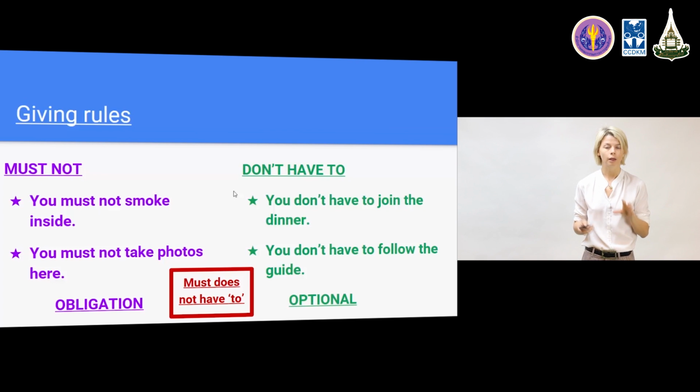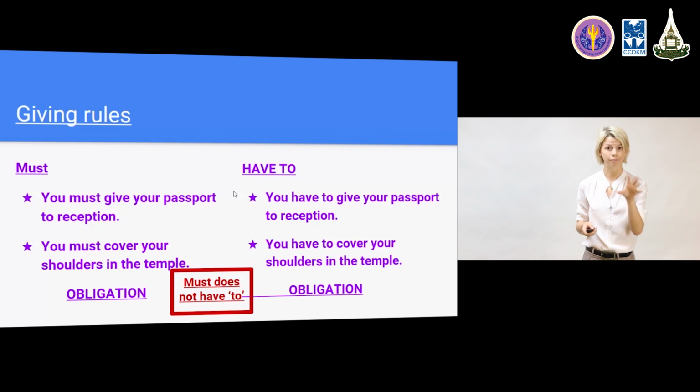So, if we look back at must and have to in the positive, they have the same meaning. You must give your passport to reception. You have to give your passport to reception. These sentences mean the same.